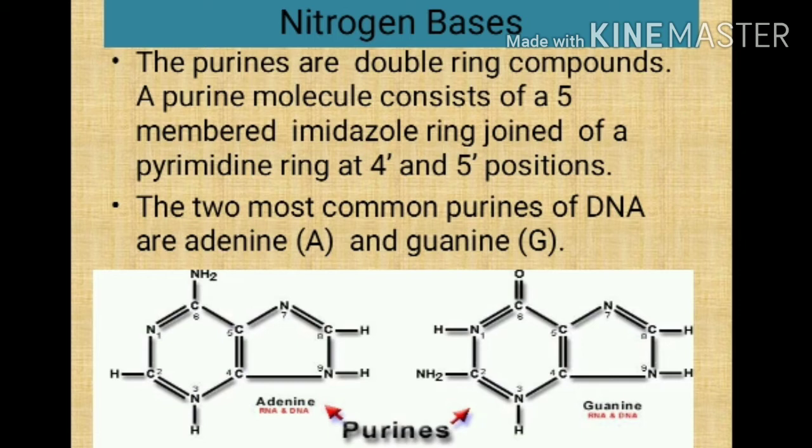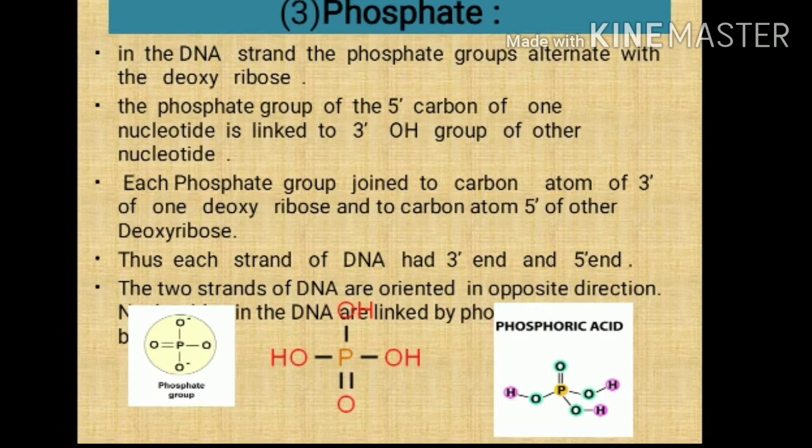A purine consists of a 5-membered imidazole ring fused to a pyrimidine ring at the 4th and 5th positions. The two most common purines of DNA and RNA are adenine and guanine.